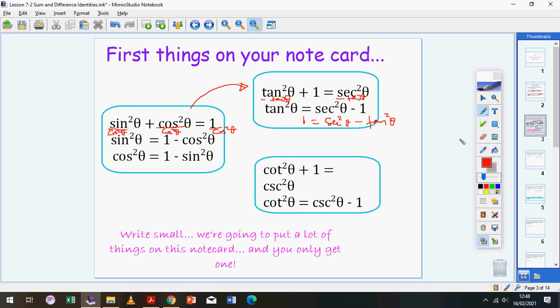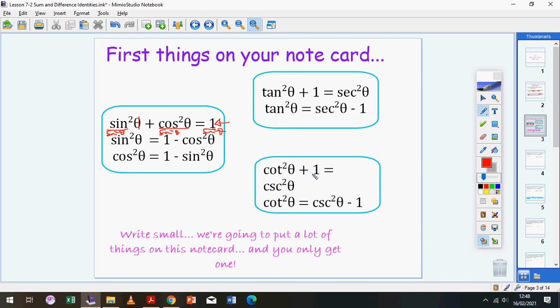I told you about this yesterday. So from the first Pythagorean identity, again, if I choose to divide by sine squared theta, I divide this by sine squared theta, and I also divide the 1 by sine squared theta, then what I end up with is sine squared divided by sine squared gives me 1.